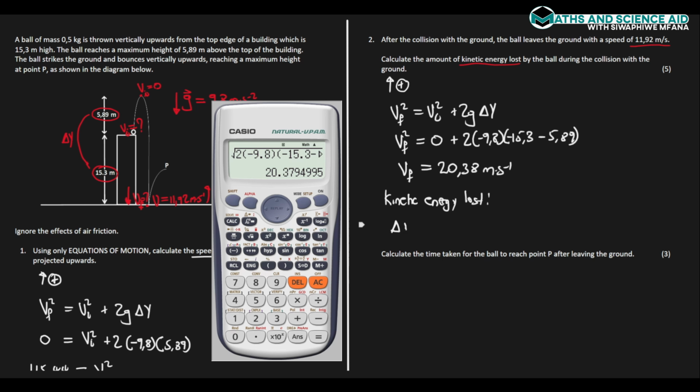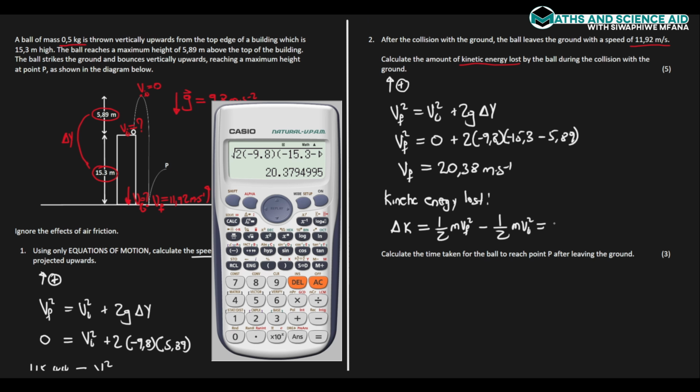And note that this time around, the initial and final velocity that I'm referring to is the velocity at which the ball hit the ground and the velocity at which the ball bounced off the ground. And we were also provided with the mass of the ball, and it's equal to 0,5 kilograms. So all that we need to do is to substitute those values.